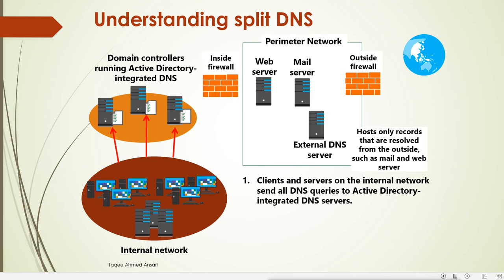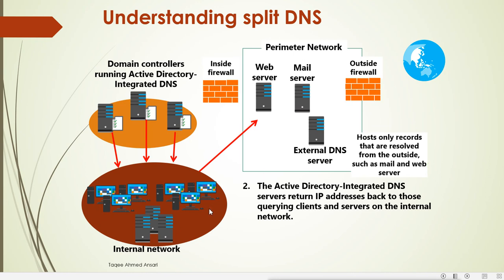Clients and servers on the internal network send all DNS queries to the Active Directory integrated DNS servers. And in the external DNS we host only records that are resolved from the outside, such as mail and web servers. Then if the Active Directory integrated DNS servers return an IP address back to those querying clients and servers on the internal network, then what?